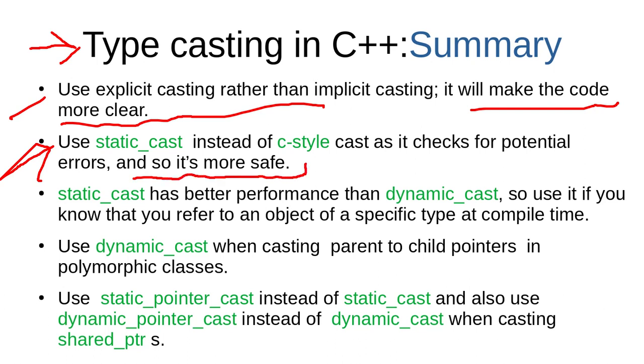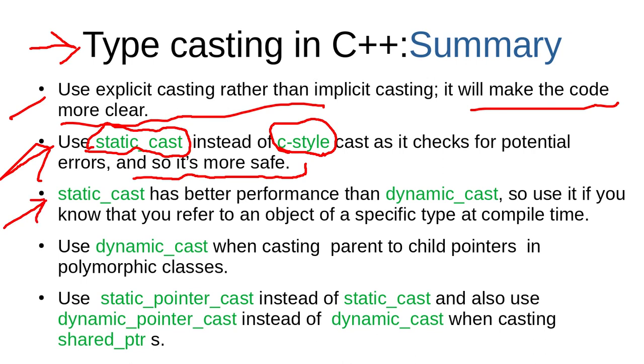As we said, with the C-style cast, you can cast a pointer of some object or some class to a different type, and it will not throw an error at compile time, while static cast is more safe because it will tell you there is a wrong casting.